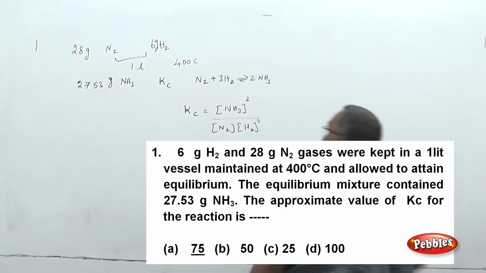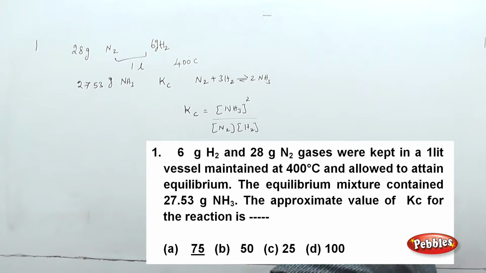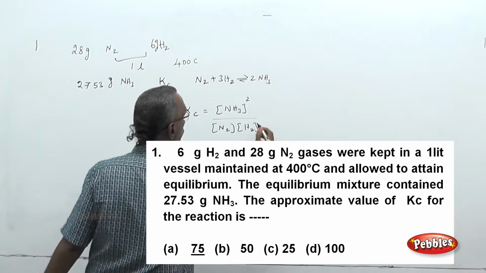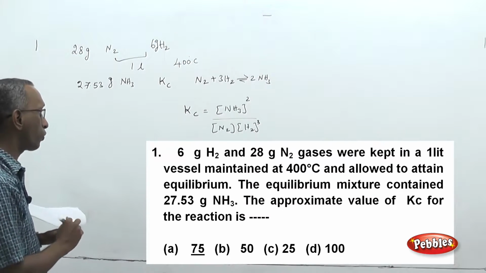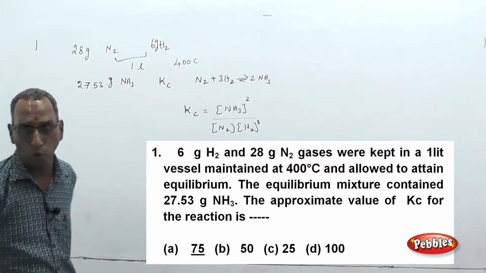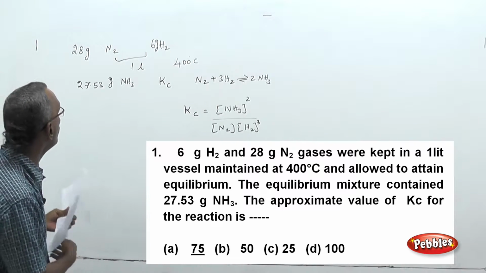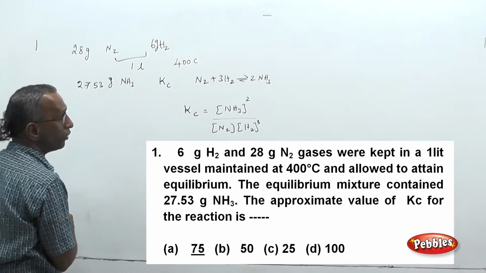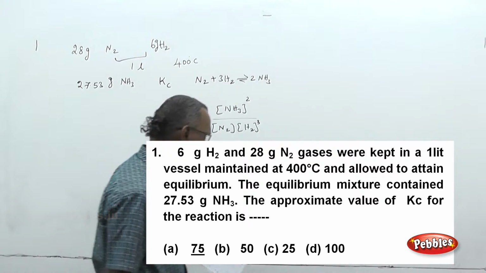So Kc is written as concentration of ammonia squared divided by concentration of nitrogen into concentration of hydrogen cube. This is the expression for Kc. So here concentration is to be represented in terms of number of moles.